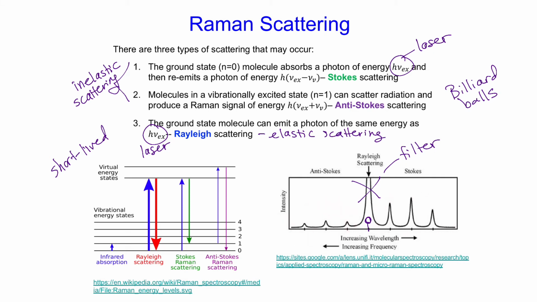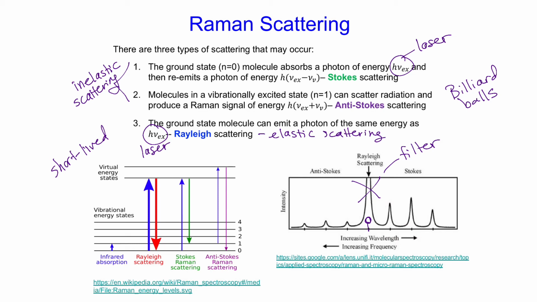Sometimes you'll want that Rayleigh peak. There are people who do Rayleigh scattering spectroscopy, so that's a separate kind of spectroscopy activity that we're not going to do. So we're going to filter that out, and we're actually going to focus on our Stokes peaks.